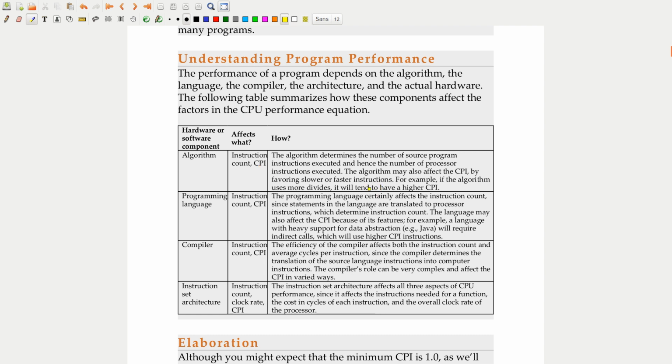If we have an unfavorable algorithm and divides are, say, the longest arithmetic operation to perform, maybe divides can be replaced in your algorithm with multiplies in some clever fashion. In the naive algorithm, you're going to be doing longer latency instructions, so you're going to have a higher CPI, where remember CPI is clock cycles per instruction.